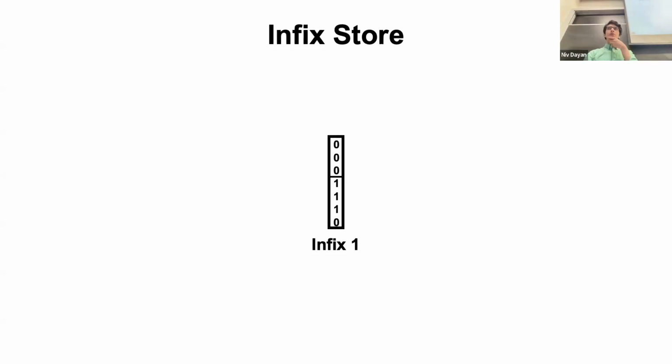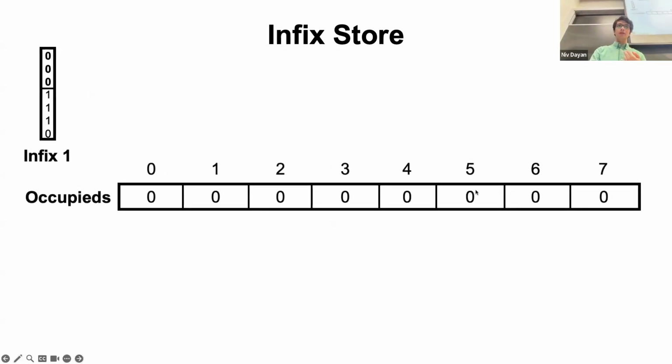Okay, so let's see an example of how this is going to work. Let's suppose you have an infix 1, like so. The way the infix store is going to encode this is it's going to employ an occupied bitmap, similar to a rank-and-select quotient filter. The occupied bitmap is going to encode what quotients we've inserted until now into the filter.